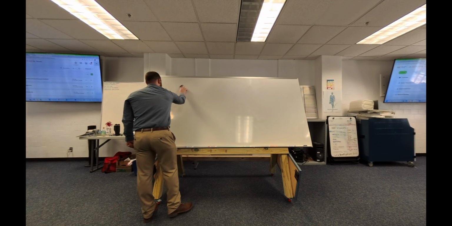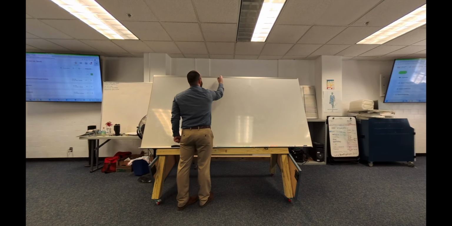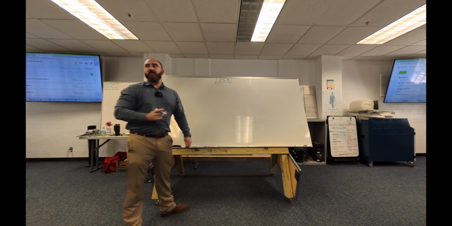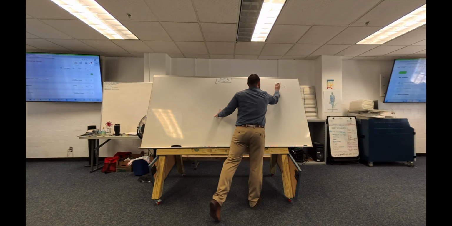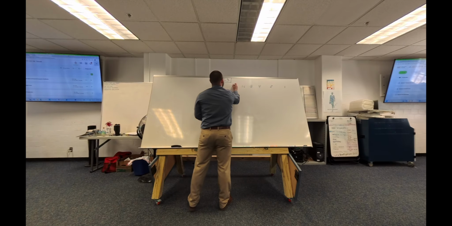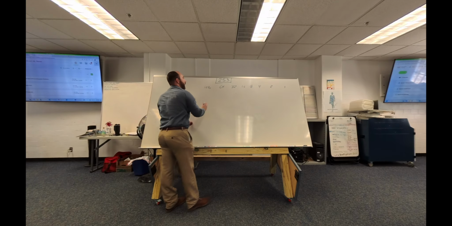So we're going to do this one twice. I heard somebody say 253. What do I want to do first? Number line starts with 1, 2, 4, 8, 16, 32, 64, 128.